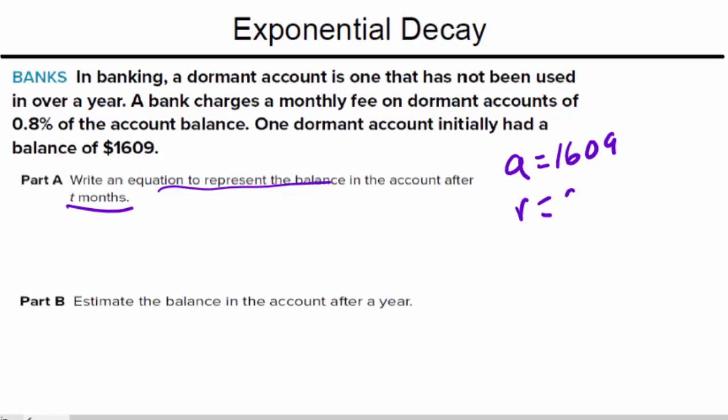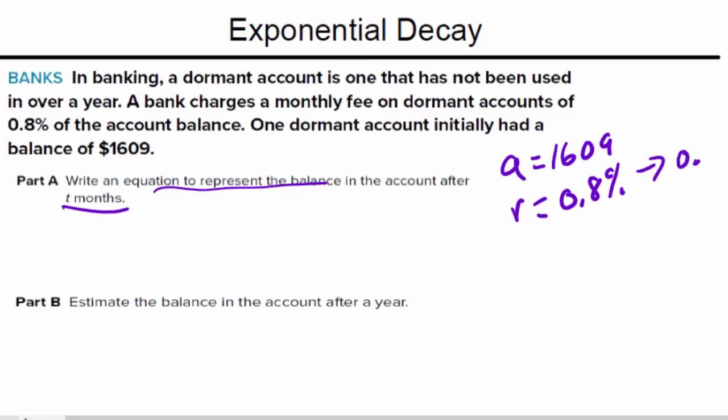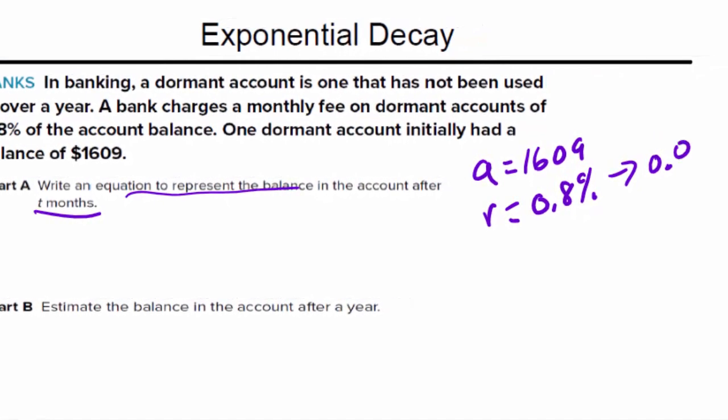Our rate is 0.8%, which means I have to write that as 0.008. Remember, it's got to be a decimal equivalent of a percent, so I'm going to use this as my R. Now, normally, the T is representing years, but they specifically told me it was months, so I don't have to adjust this by the n values.